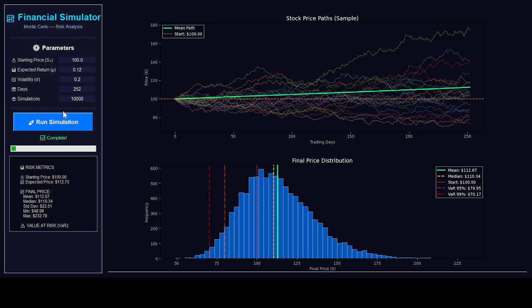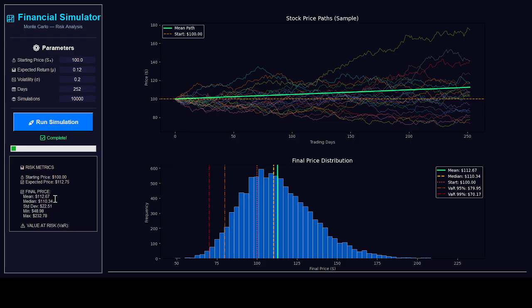Now I move towards the risk metrics section. This section summarizes the whole simulation results. The expected price represents the theoretical value predicted by the model. The first parameter is the mean.